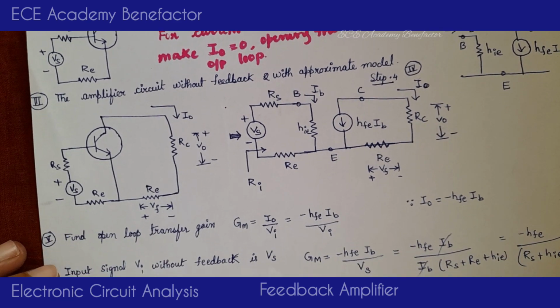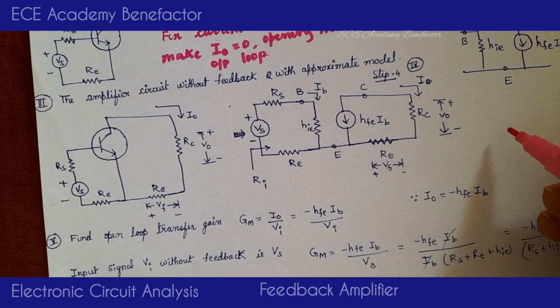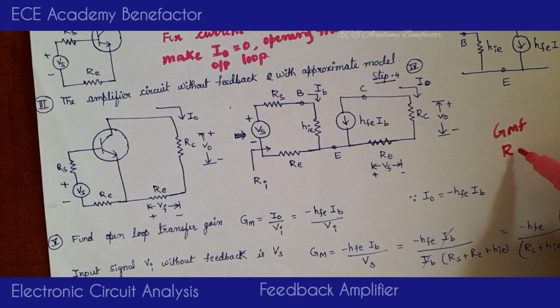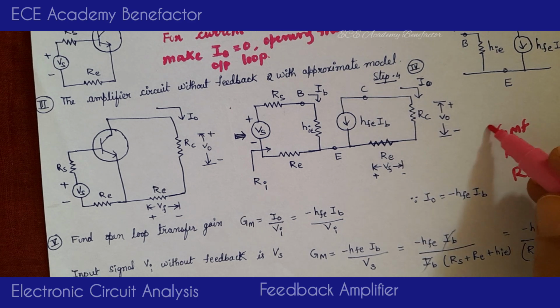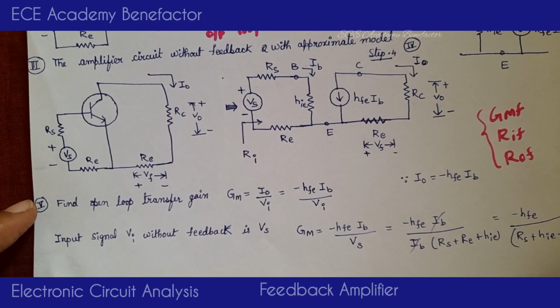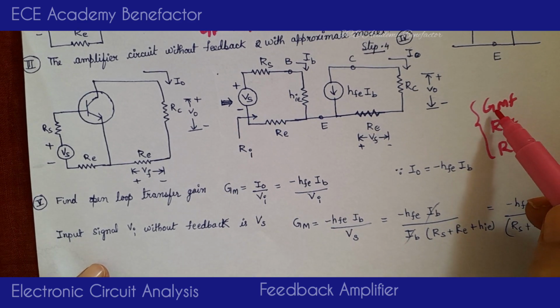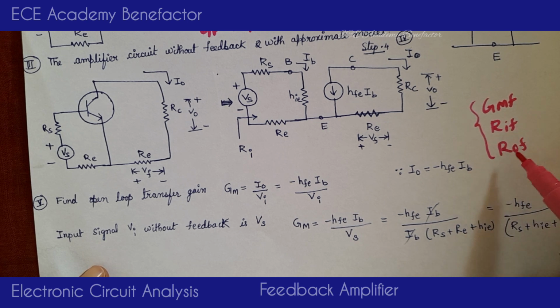What parameters do we need to derive in the analysis? We need to find the gain with feedback, the input resistance with feedback, and the output resistance with feedback. These are the three parameters. This is the transconductance gain with feedback, input resistance with feedback, output resistance with feedback.